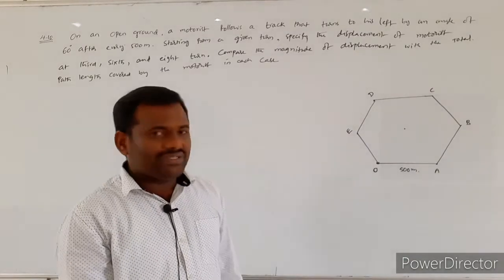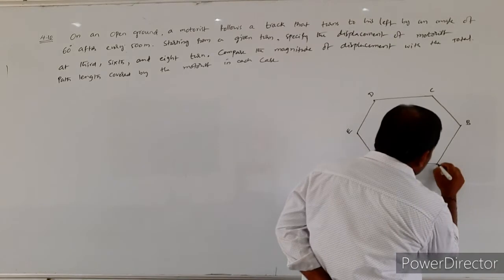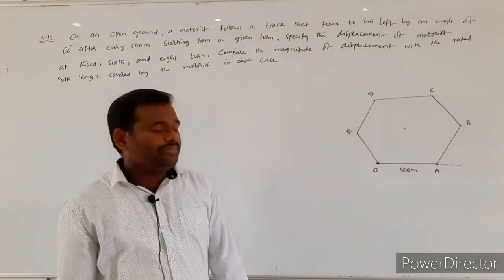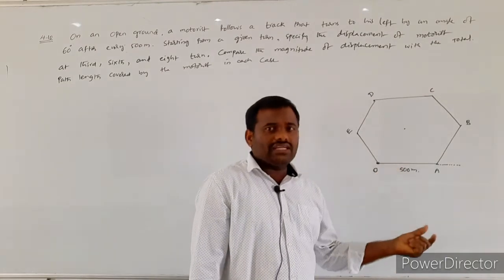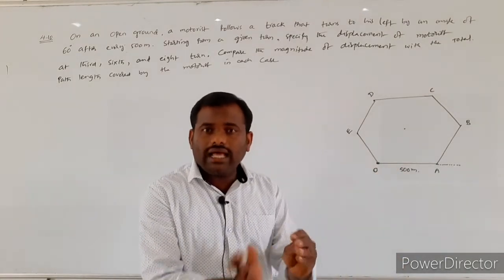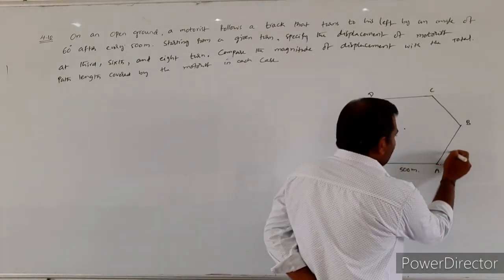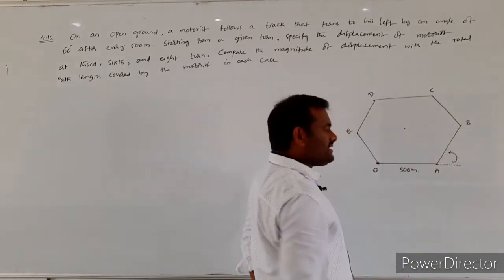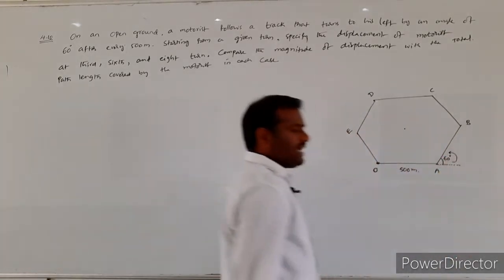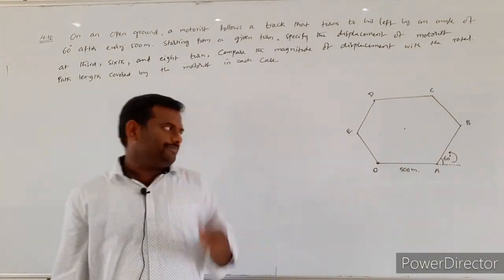According to the given statement, after the completion of 500 meters, he has to take a turn to the left side. This is the direction of the motion. The turn will be towards the left side by 60 degrees.